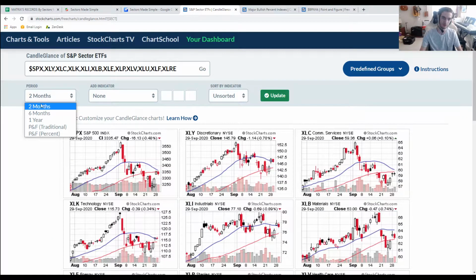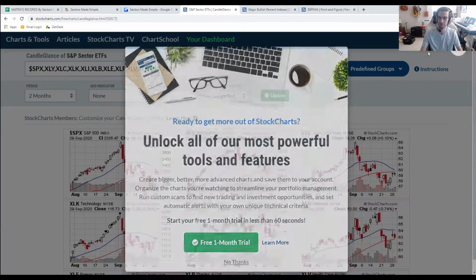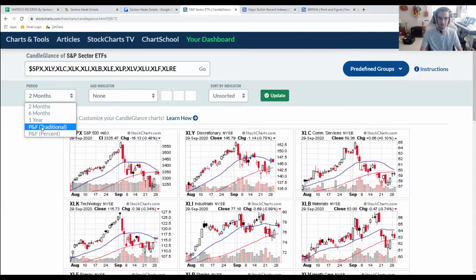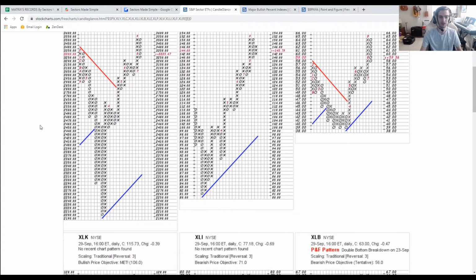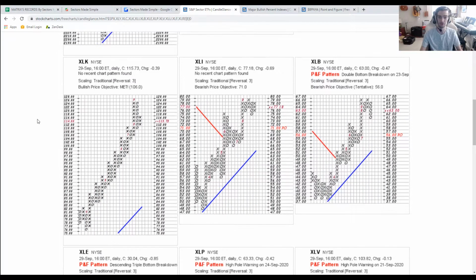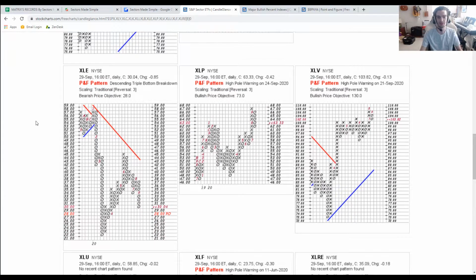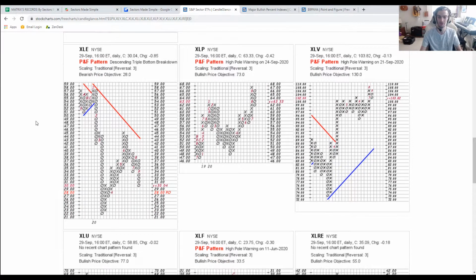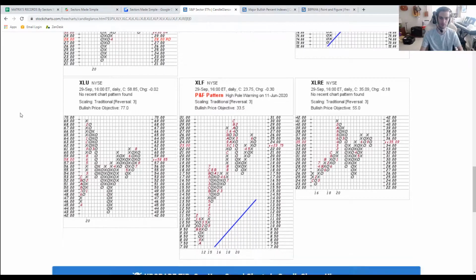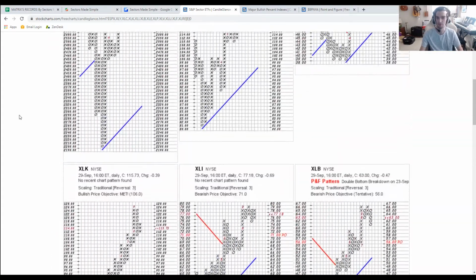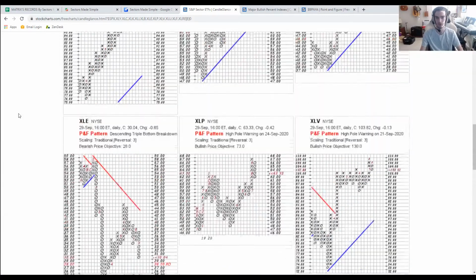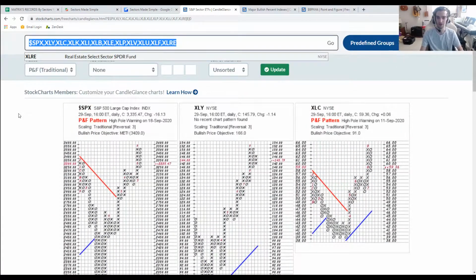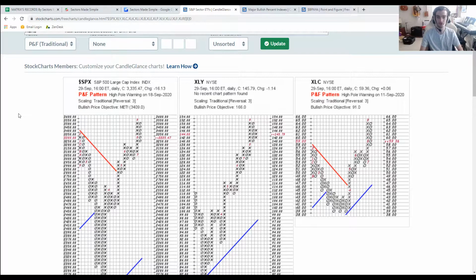Again, we're going to choose our period as PNF traditional, which gives us all of the point and figure charts for the different S&P 500 ETFs within the Spider umbrella. And you see, we have a total of 12 of them. Why 12? Because we have all 11 sectors plus the S&P 500.